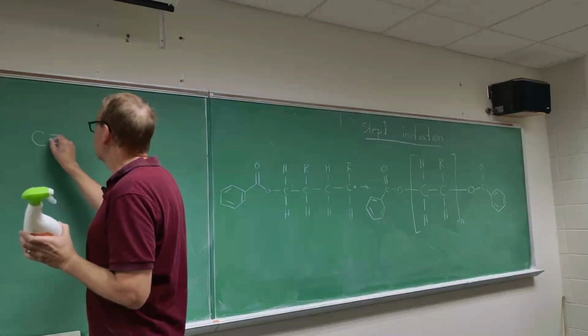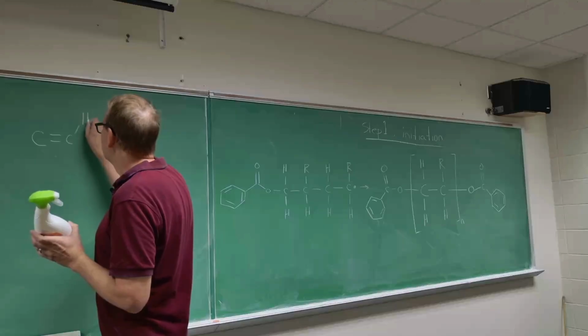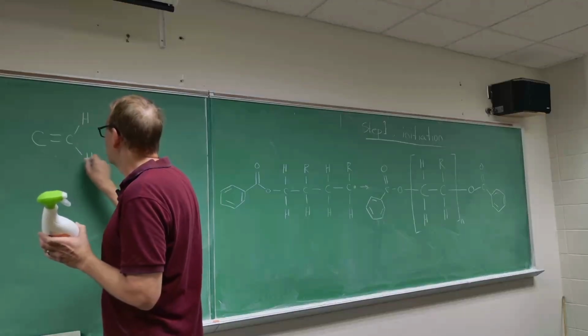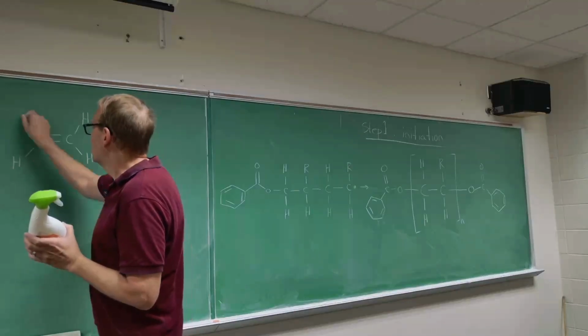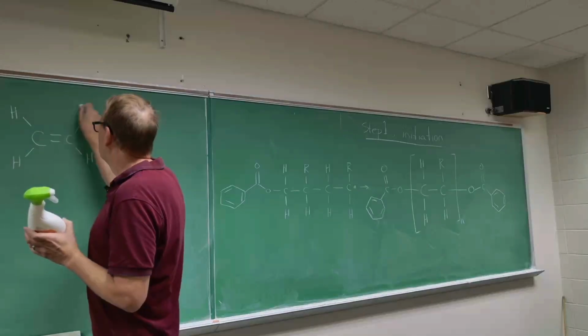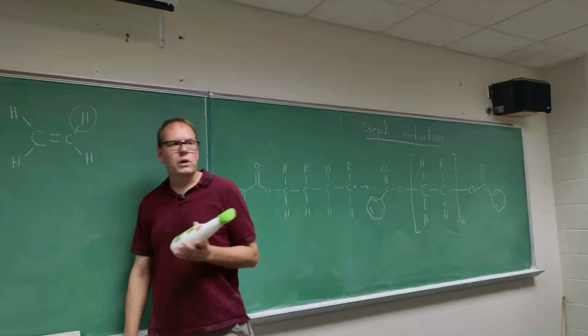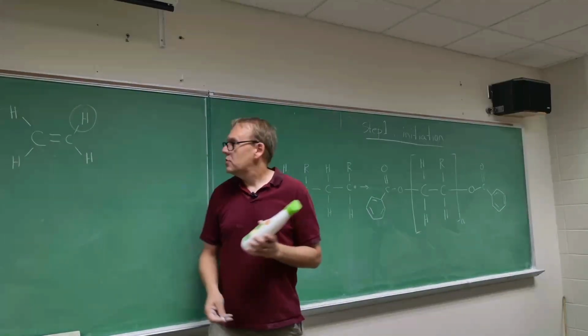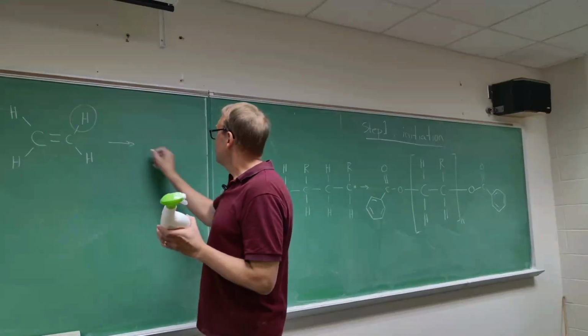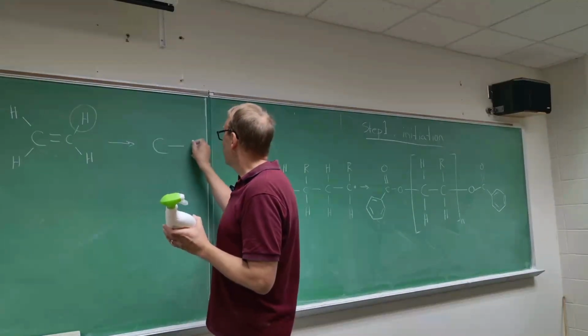Polyethylene is made from ethylene. So ethylene looks like this, where the R group that we usually had there is just an H. So when this polymerizes, it forms polyethylene.